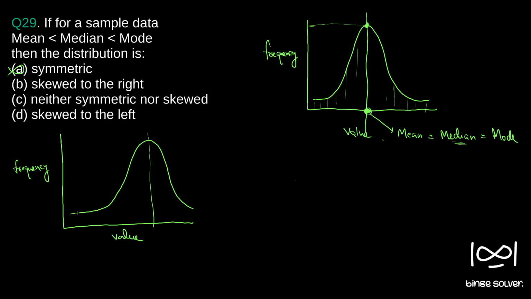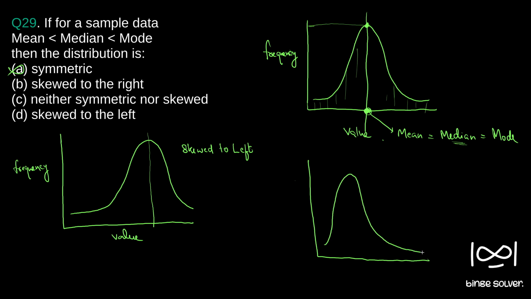If the tail part is on the left side, it is called skewed to left. If the tail part appears on the right side, just like this, it is called skewed to right.